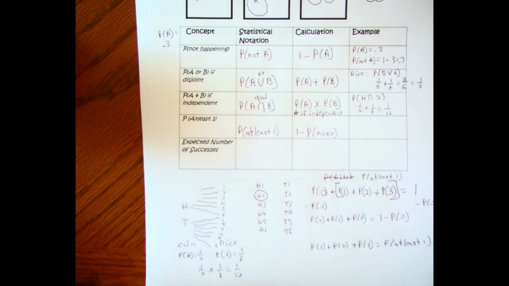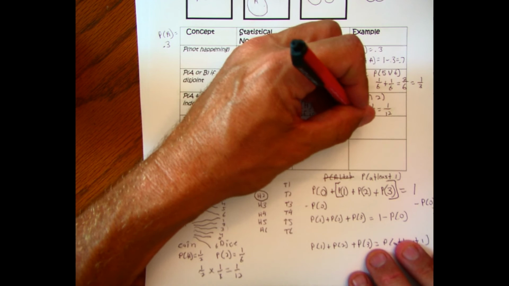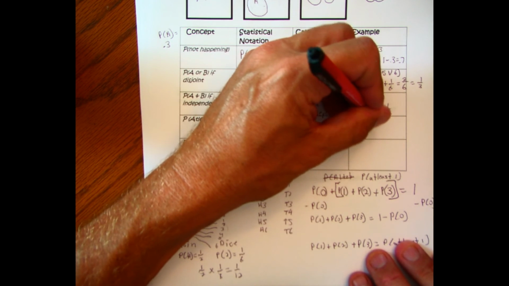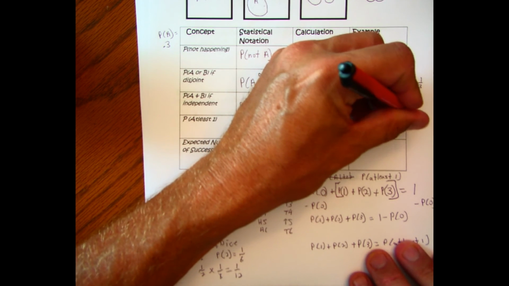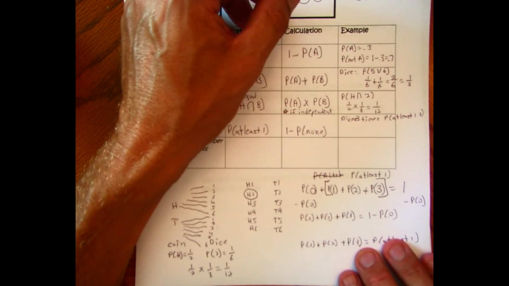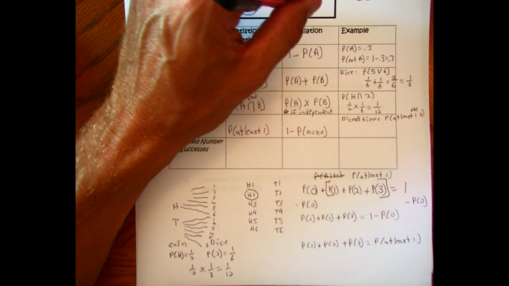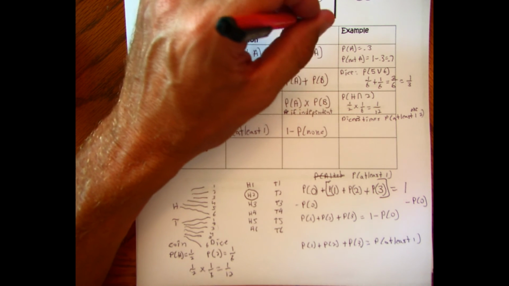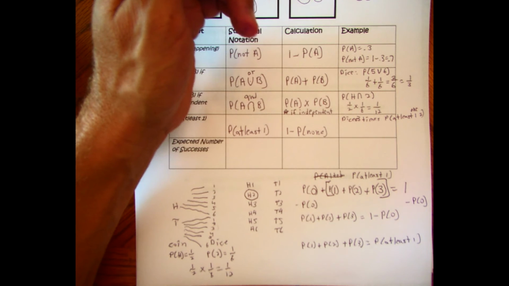Let's say we take our example and roll a dice 3 times, and we want to know the probability of at least one 2. Well, that means I got not a 2, and not a 2, and not a 2.